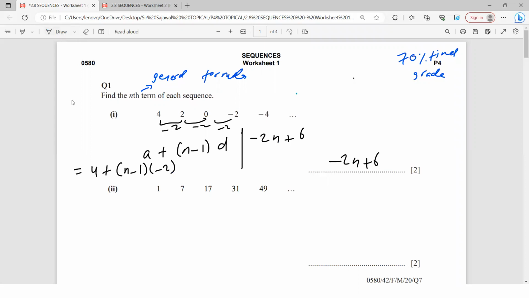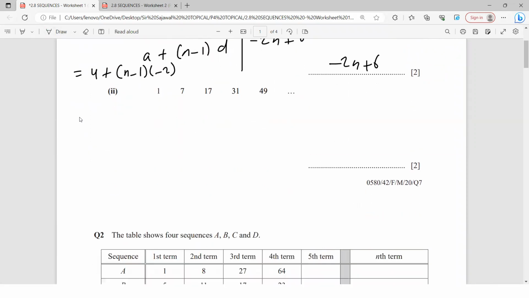Let's check out the second sequence. What kind of sequence is this? Find the common differences and see. It's not linear, obviously.